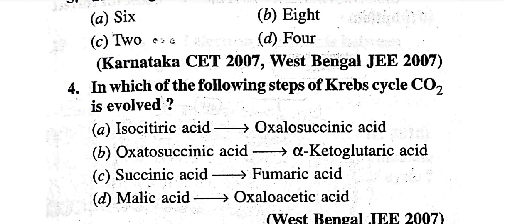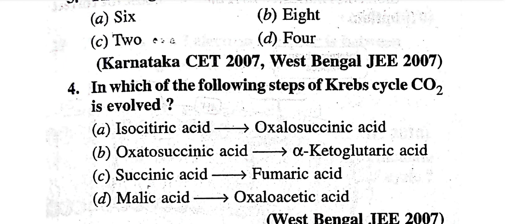Acetyl coenzyme A enters, and oxaloacetic acid captures that acetyl coenzyme A. Oxaloacetic acid is a 4-carbon compound. After receiving one acetyl coenzyme A, it will form citric acid, which is a 6-carbon compound. Then it will form cis-aconitic acid, another 6-carbon compound.